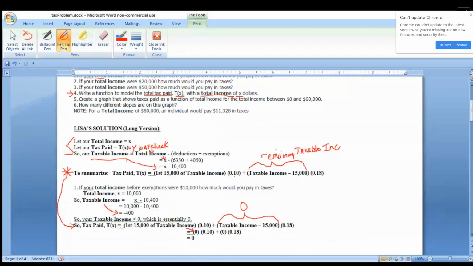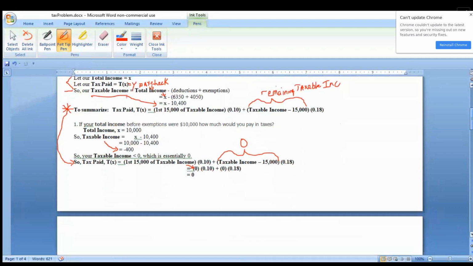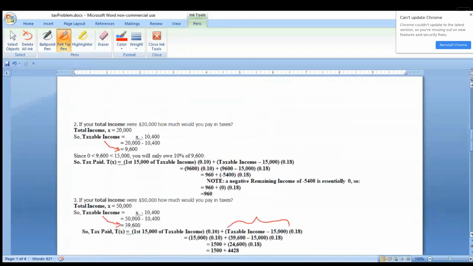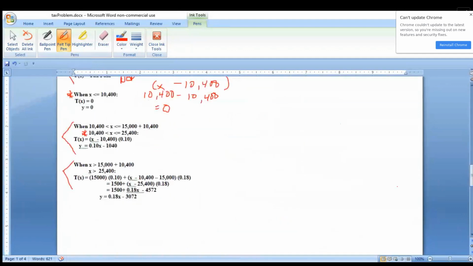I was using the first half for that second part, and then on the third one I was using the entire equation. So when that's the case, now we can just kind of rewrite the equation.